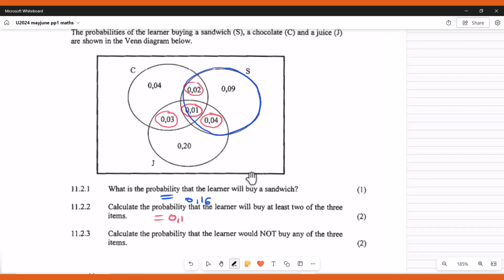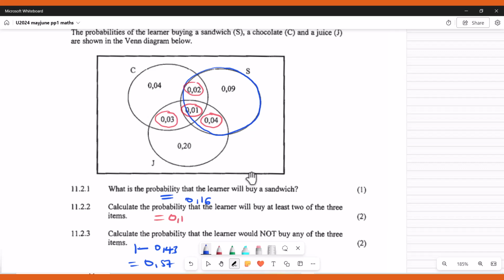If you add everything here, I'm getting 0.43. So from 1, that gives me 0.57. 0.57 is my answer here.